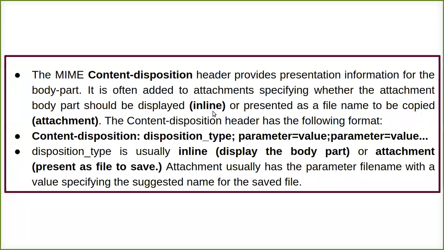Fine. So if I want to make that possible for my client, whether I want to give an attachment option, like direct download once the link is clicked, or I just want the body part of the content to be displayed to the client, that is inline. Either option I will have to give to the client.